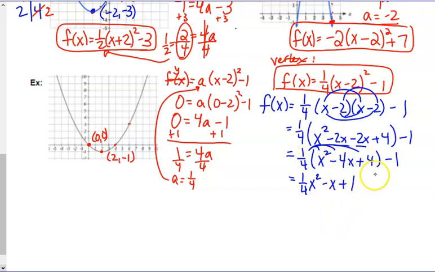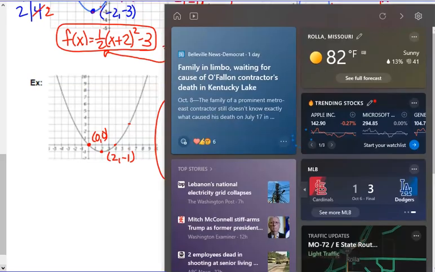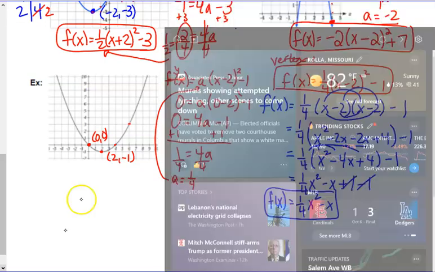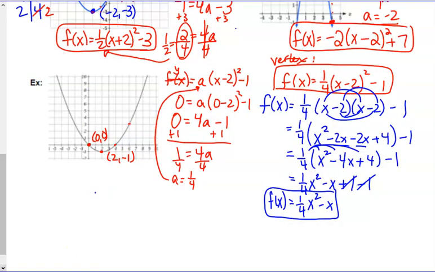This time with the constant, I will write the constant. And then we have a minus 1 at the end. Don't forget that. And we're 1 step away because now these two constants actually cancel out, leaving me with a standard form here of 1/4 x squared minus x. And that would be my final answer in standard form. And if you notice in this case, the c value, excuse me, is non-existent, and it is understood to be 0 there.